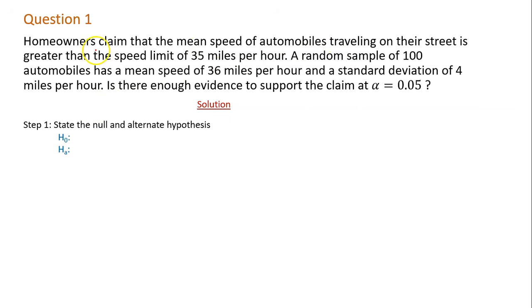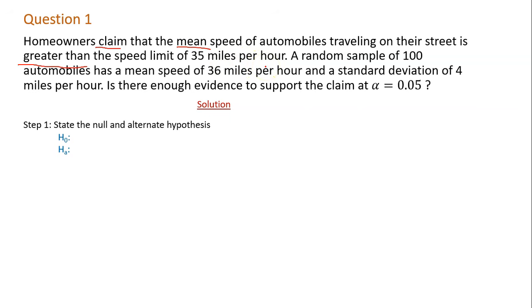It says, homeowners claim that the mean, so it's a mean, not proportion, the mean speed of automobiles traveling on their streets is greater than, so greater than the speed limit of 35 miles per hour.